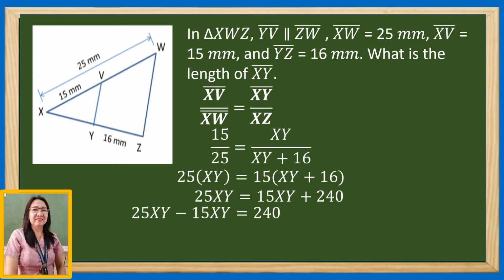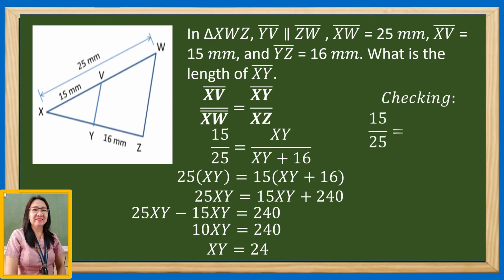Then, to combine similar terms, let us apply the addition property of equality. So 25XY less 15XY is equal to 240, wherein 25XY minus 15XY is 10XY. Then dividing both sides by 10, we will get XY is equal to 24. Let us do the checking.